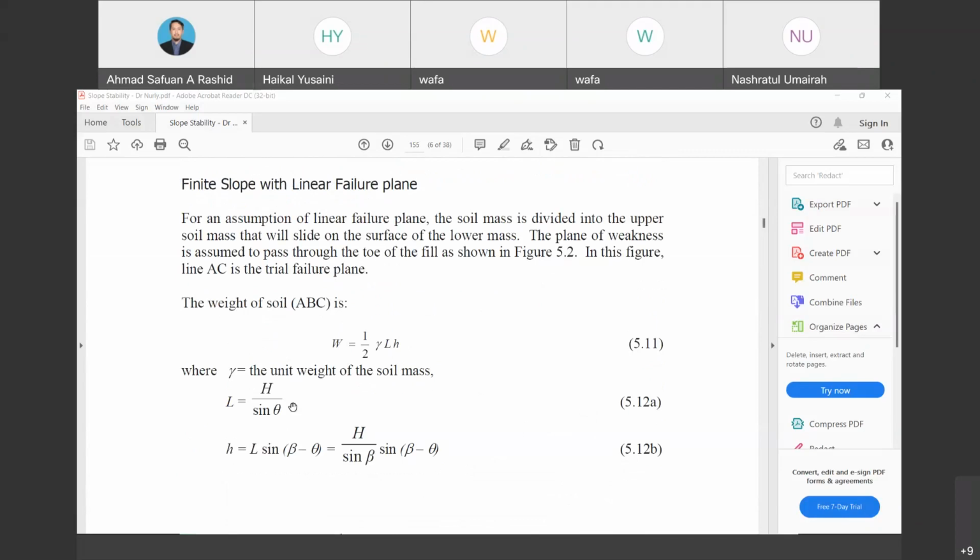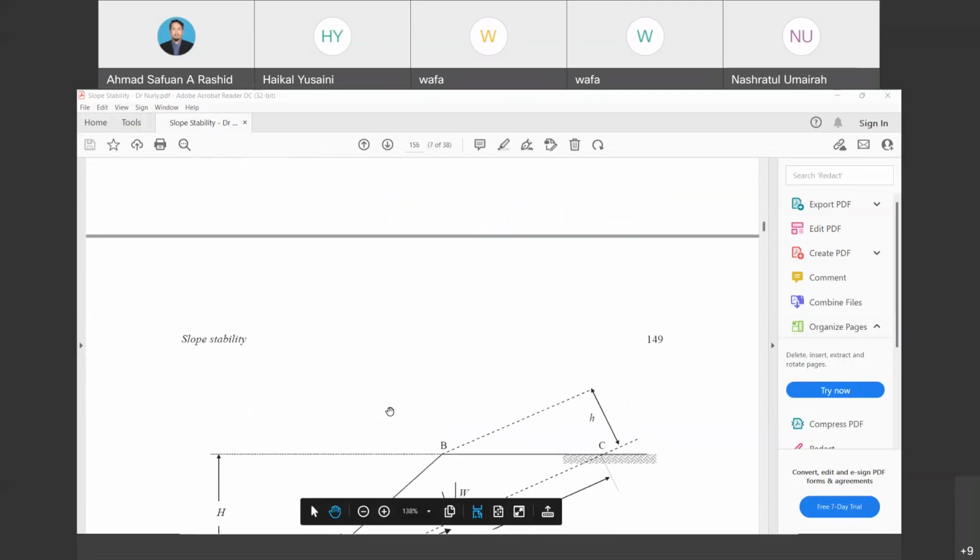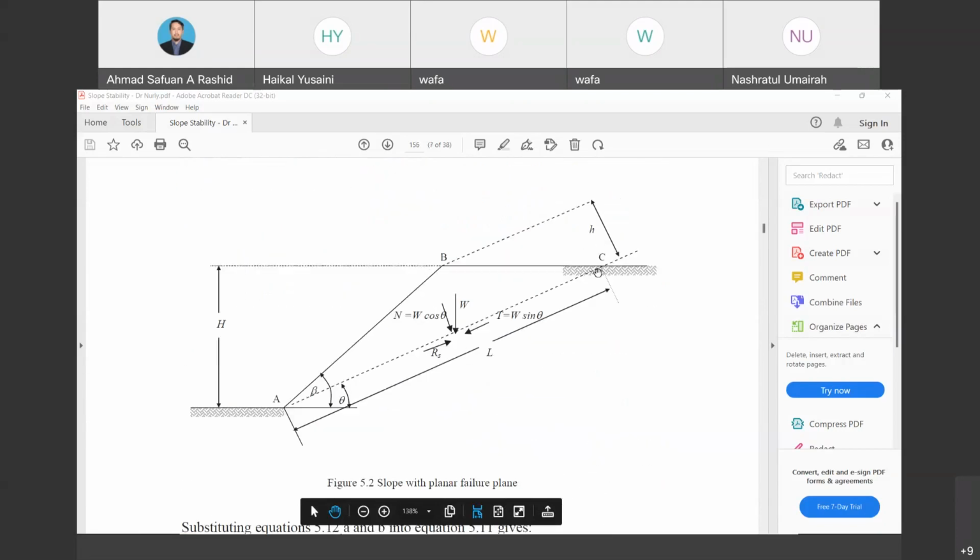But we need to do a slightly additional calculation to determine the L and also the H, due to the shape not being a normal triangle.